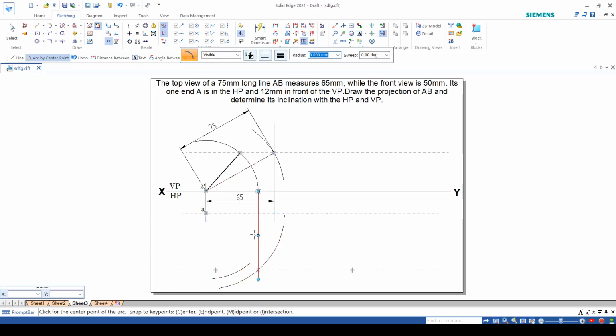Now we would draw a straight line again, a dark one. So this would be our intersection point.